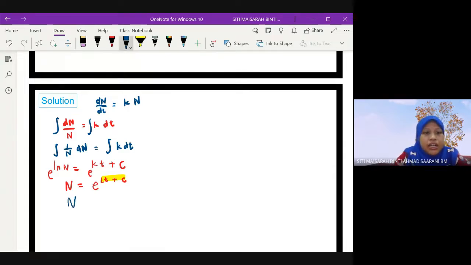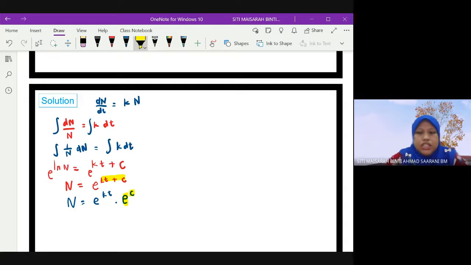Dia jadi N equals to E power KT times E power C. Kita boleh pecah dia 2, sebab kat sini dia punya power is plus. So jadi kita boleh pecah dia jadi 2 eksponen. Operasi dia darab.